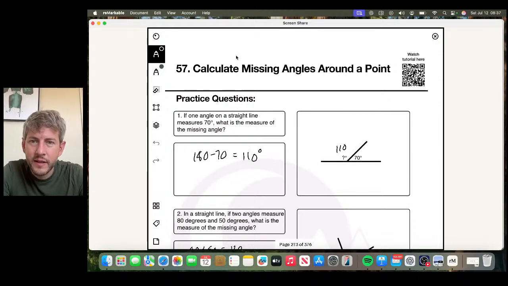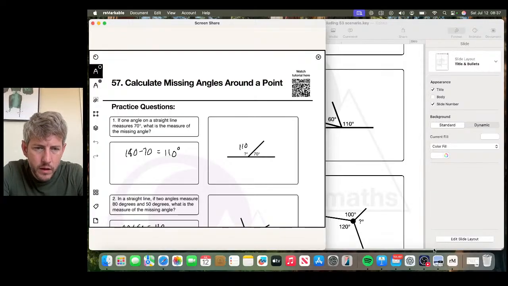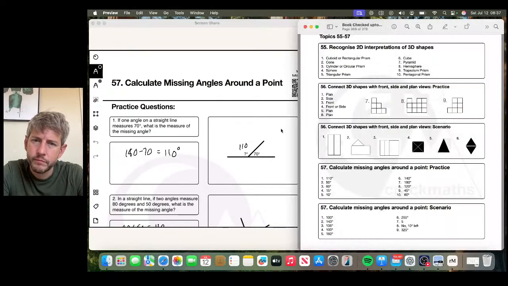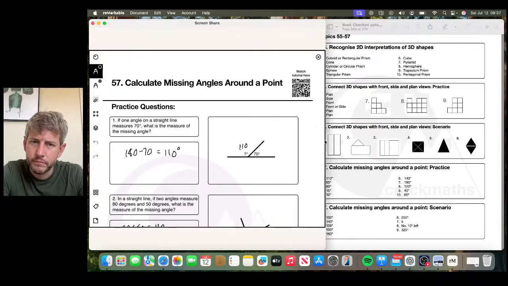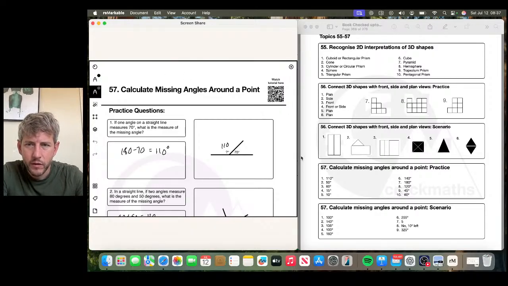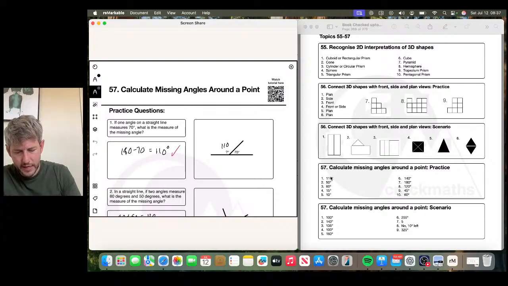Right, so let's get these questions marked. Right, so question 1, 110.